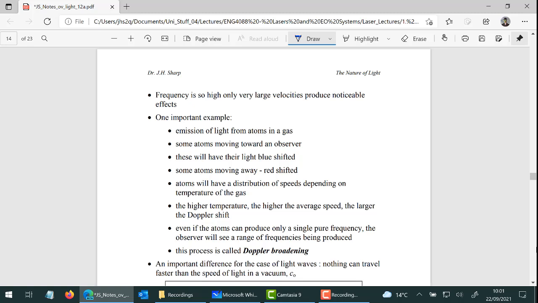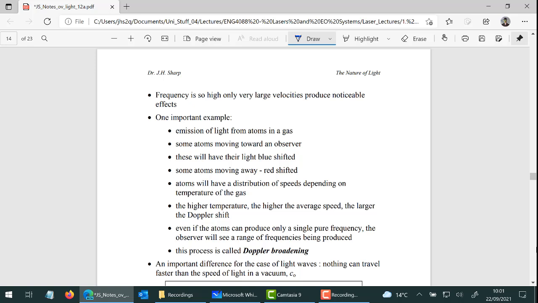We also get this in light waves, and that's interesting because it allows us to figure out things like the universe is expanding. If we look at the light coming from various stars, some of that light will be because there is hydrogen in the star.